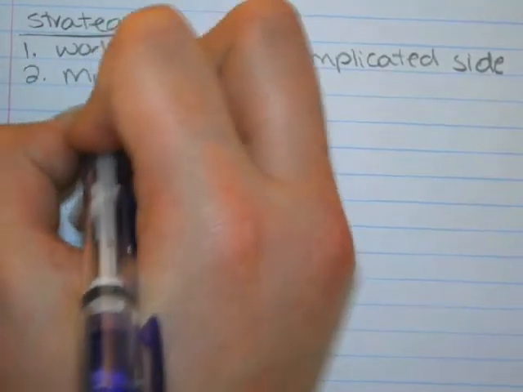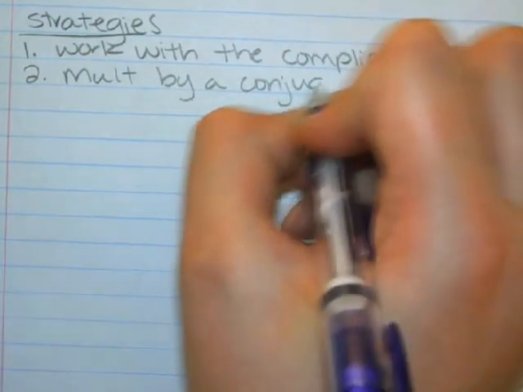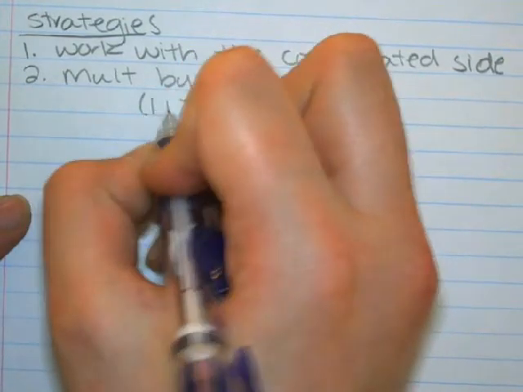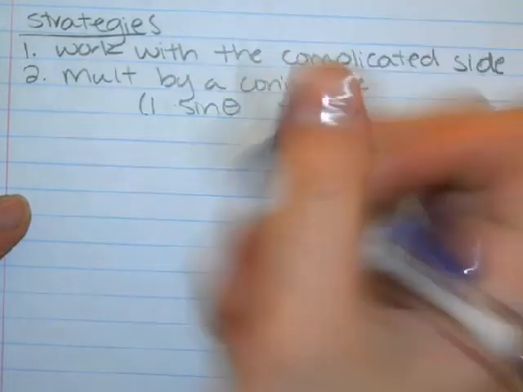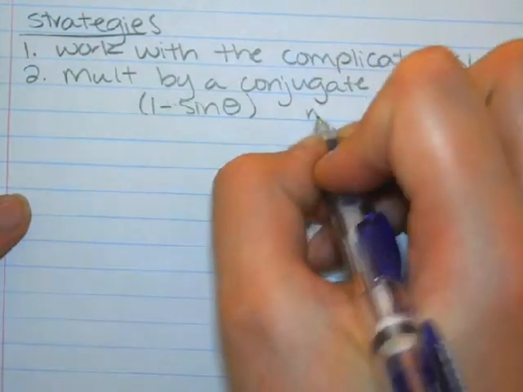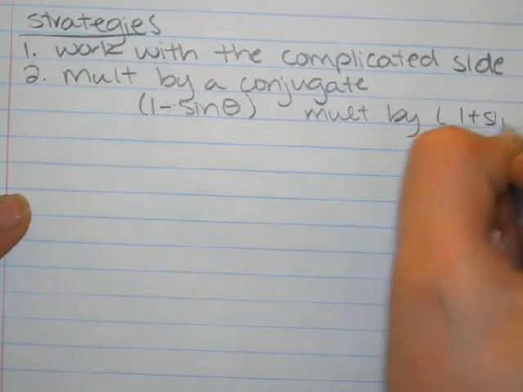Another strategy we talked about was multiplying by a conjugate. So we saw 1 plus sine theta. Actually, we had a minus. So we multiplied by 1 plus sine theta.